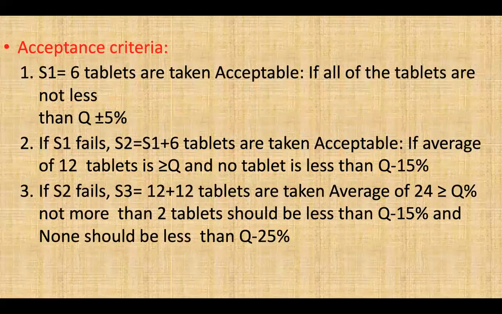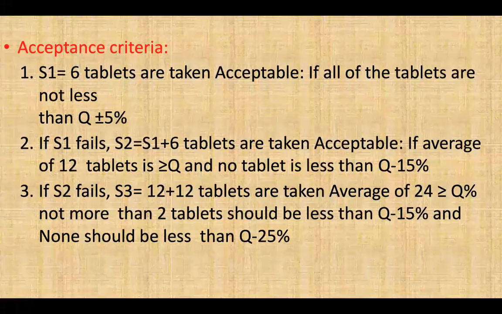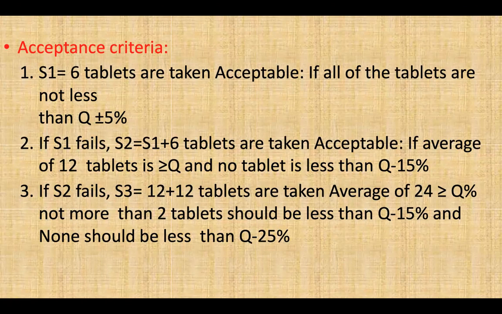Acceptance criteria. S1: 6 tablets are taken, acceptable if all of the tablets are not less than Q plus 5%. If S1 fails, S2 has to be applied. S2: 6 plus 6 tablets are taken, acceptable if the average of 12 tablets is equal to or greater than Q and no tablet is less than Q minus 15%.